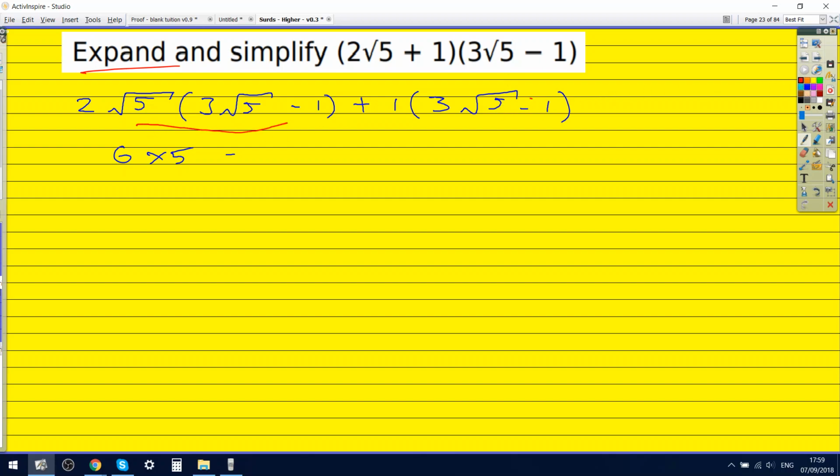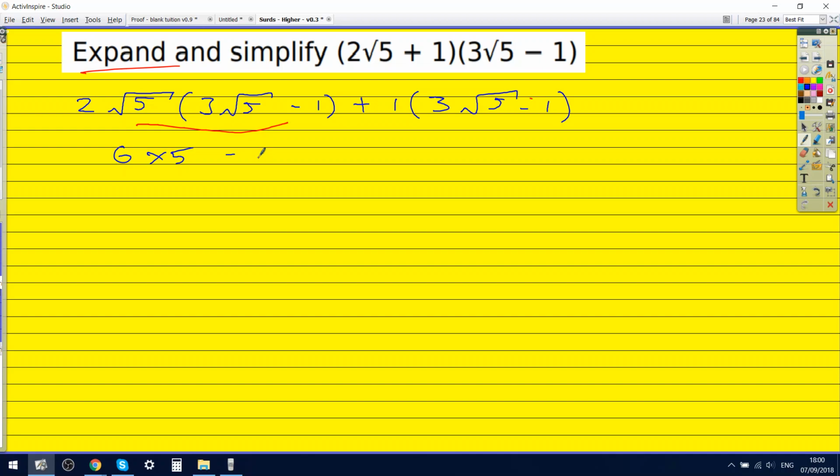2 root 5 times minus 1? 2 root 5 times 1? Root 5 times 1. 2 root 5 times 1? 1 root 5.